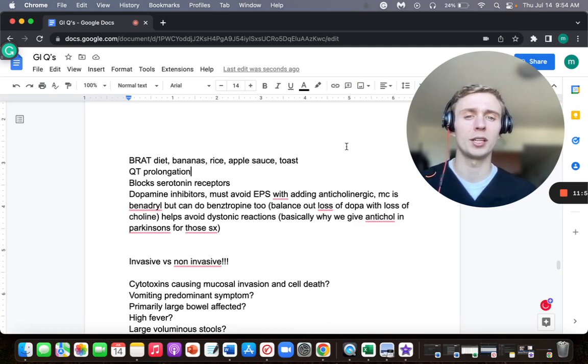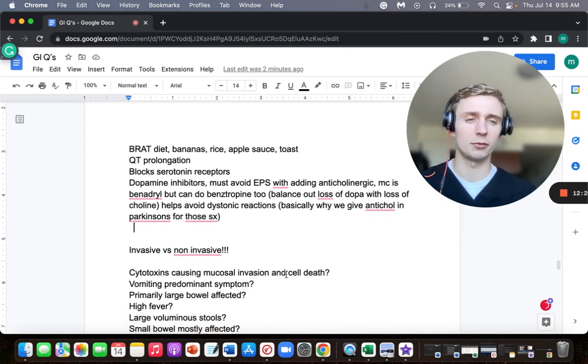So to avoid that, we need an anticholinergic to bring down the acetylcholine if we're also bringing down the dopamine with those three medications. We can use Benadryl for this. Benadryl has anticholinergic properties. We can also use benztropine. So again, balance out the loss of dopamine with acetylcholine, and that helps prevent those dystonic reactions.